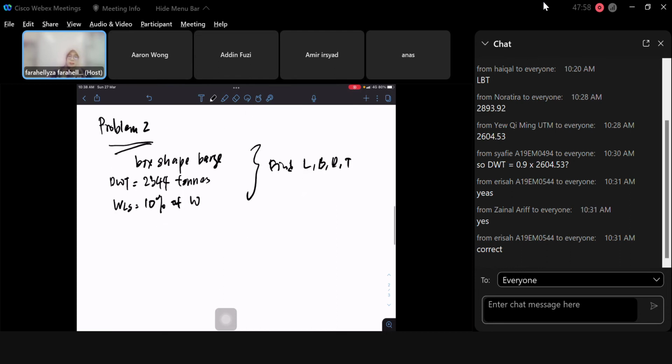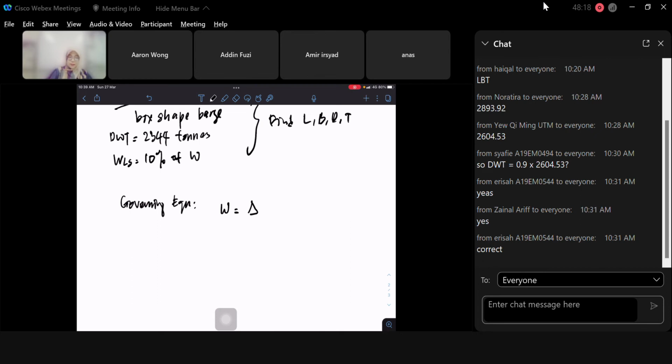Now the approach is the same. We start with the governing equations. In design, we start with these governing equations. W is equal to displacement. Like I said, the W side, the weight side, is WLS plus DWT.